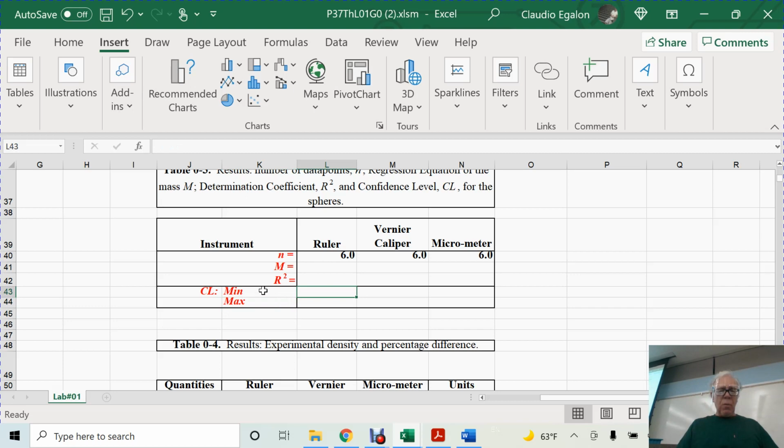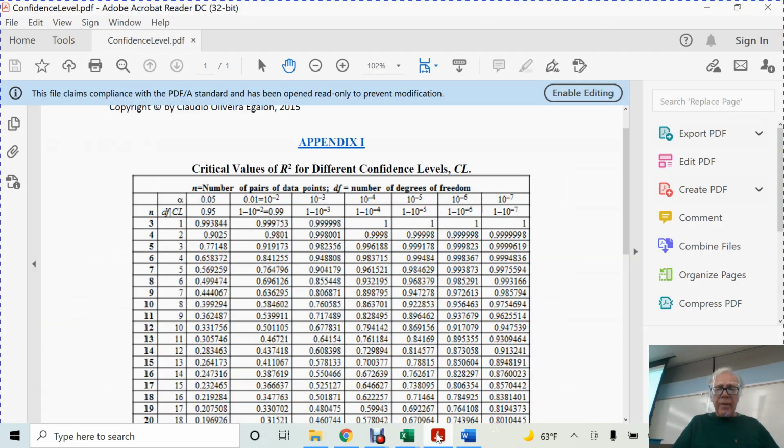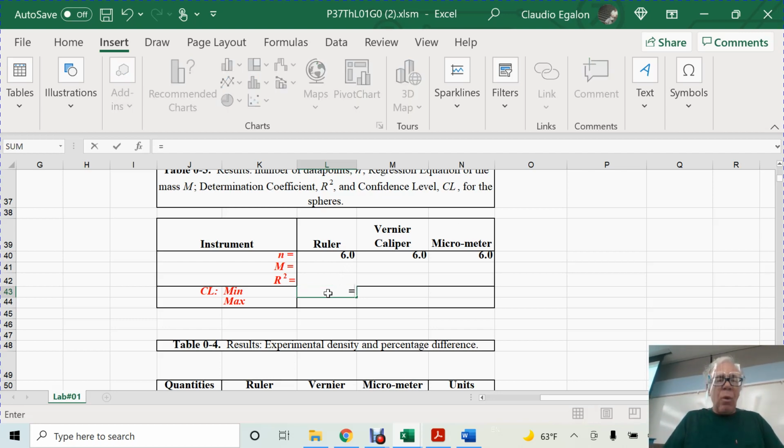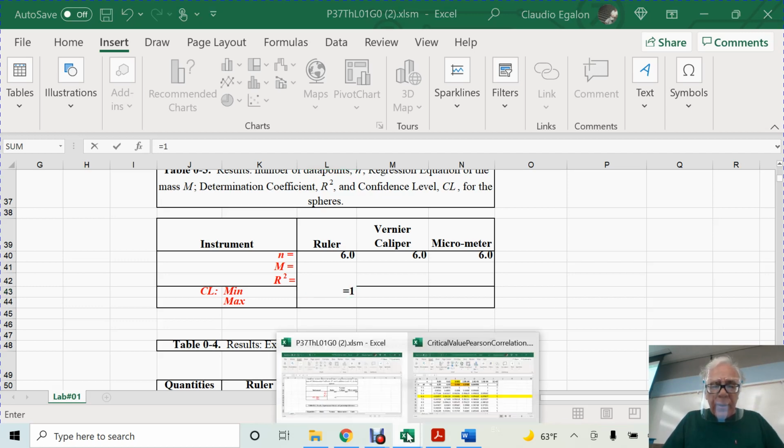So what you see there in your table is something like that. 1 minus 10 to minus 2, 1 minus 10 to minus 3, 1 minus 10 to minus 4, right? So if you find that it is 1 minus 10 to minus 3 for the lower bound, I want you to learn how to do that. You're going to type equal 1, let me see what I got in my example.